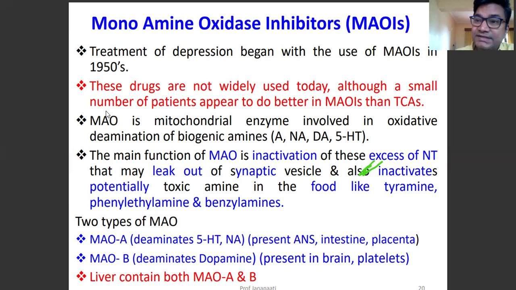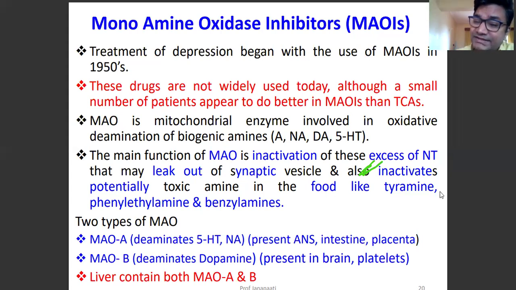Some of the chemicals present in our food also consist of amines, so MAO also inactivates potential toxic amines present in our food.